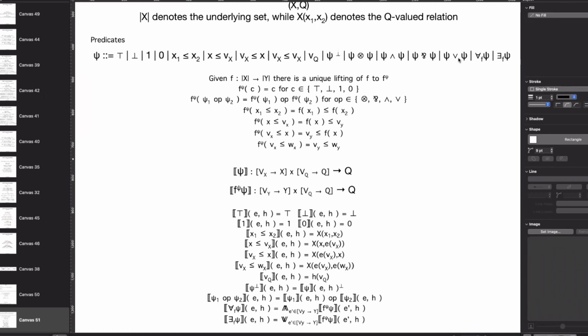There's a connection. You can think about generalized metric spaces, but in this setting, the triangle inequality is flipped around.